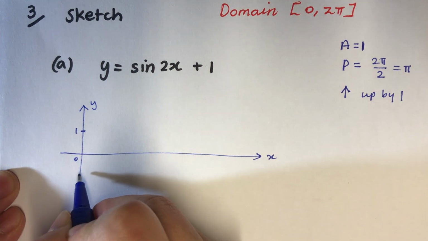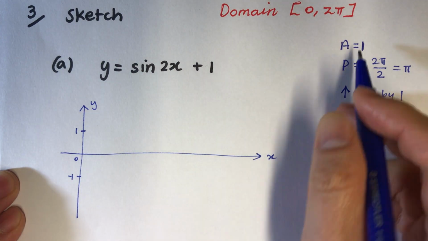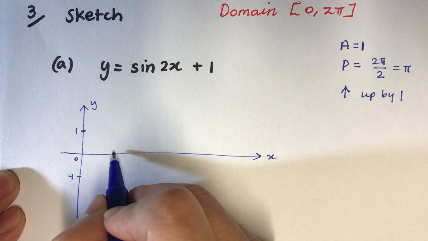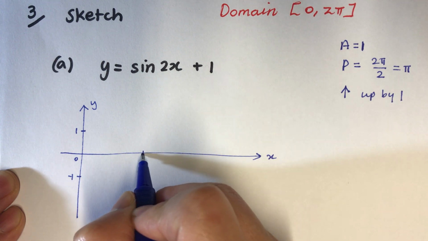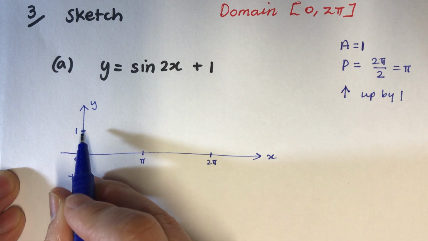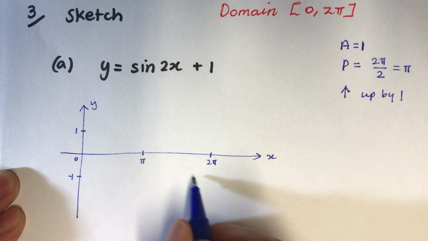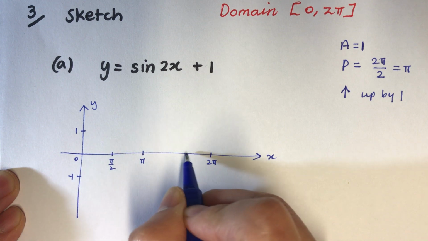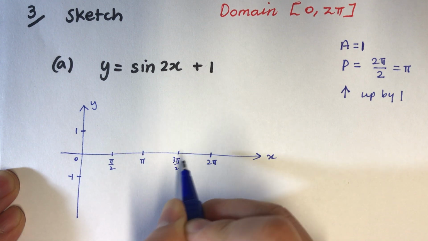I'm going to go 1 and minus 1, because that's my amplitude. And I'm going to go with a normal sine 2x, so it'd be pi, 2 pi. So that's my one whole pattern happening like that, and that's pi over 2, 3 pi over 2.